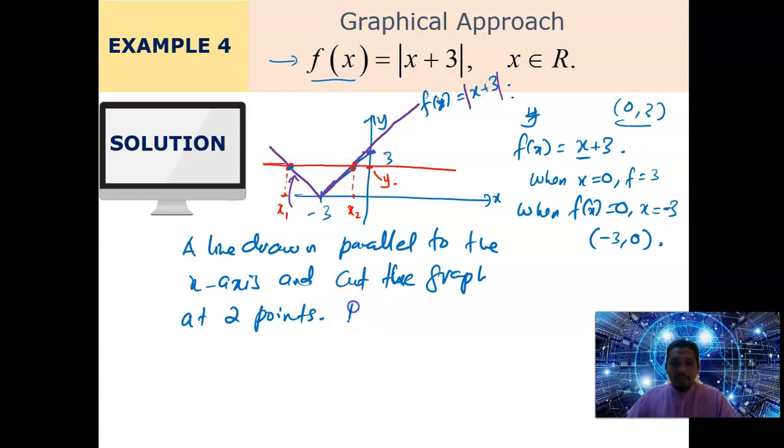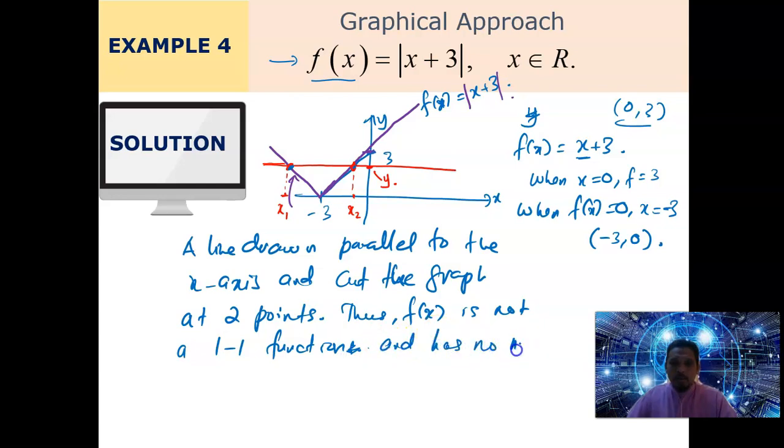Thus fx is not a one-to-one function and has no inverse. Okay, so that's it for the graphical approach.